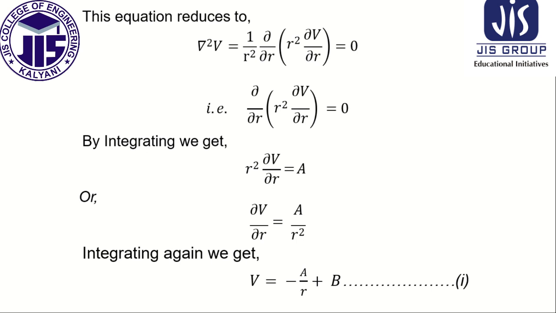So del by del r of (r squared del V by del r) equals 0. If we solve it, we get r squared del V by del r equals A. Then by integration we get V equals minus A by r plus B. This is simply mathematics, there is no physics.